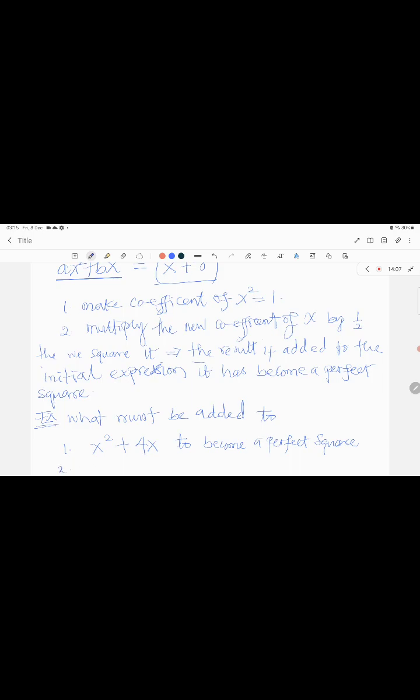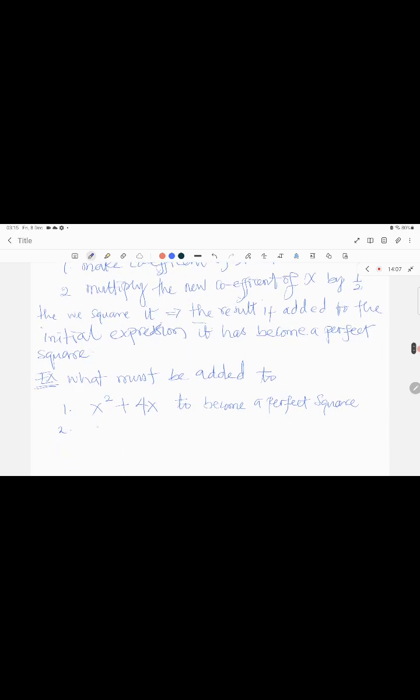Number 2, what must be added to 2x squared plus 6x to become a perfect square? Or make this a perfect square.